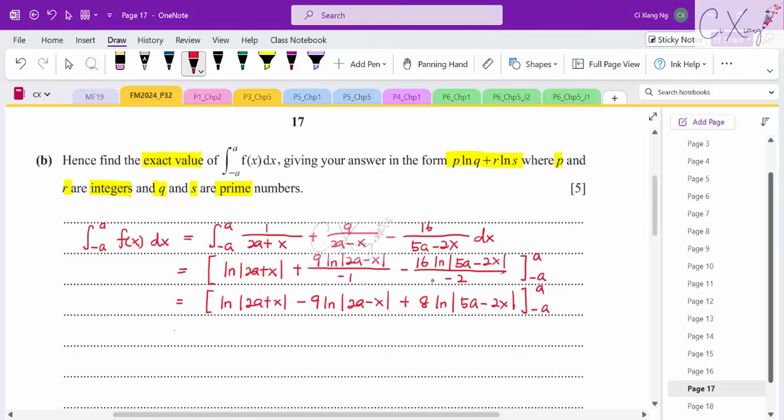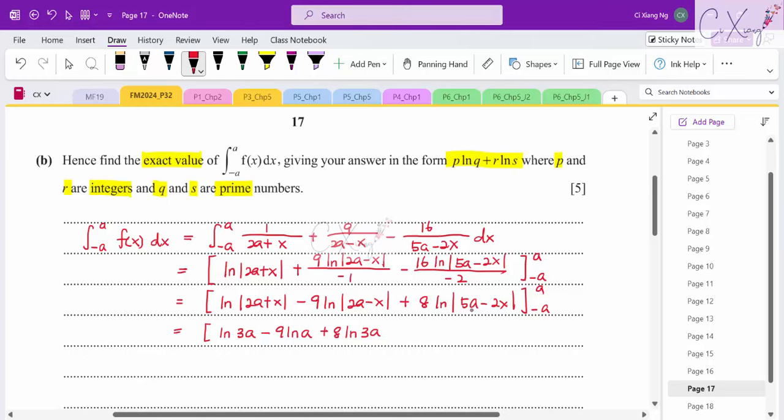First of all, let us substitute +a. In the first term, I have 2a plus a, which gives 3a, so ln 3a. In the second term, if I substitute a inside, I will have ln a, so -9 ln a. And in the third term, I will have 8 ln(5a minus 2a), and I get 3a here.